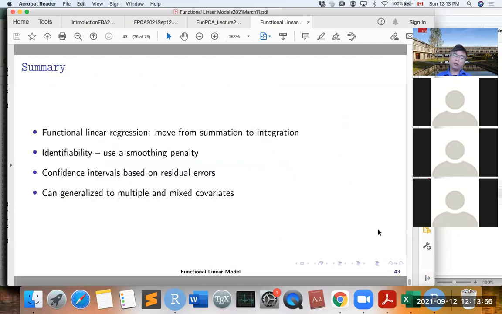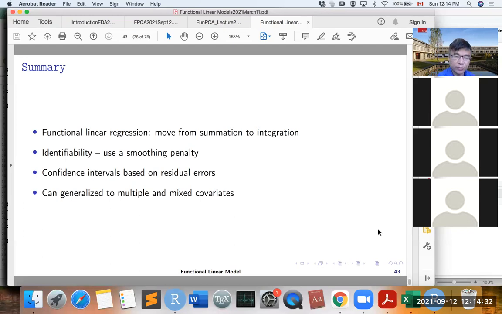So here is the summary of our estimators. Basically, we introduced the Scalar-on-Function linear regression model. This model moves from the summation to the integral, right? So it very naturally handles functional covariates. To control the smoothness of the functional coefficient beta(t), we add a roughness penalty.